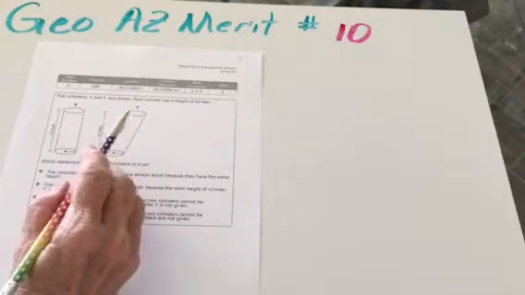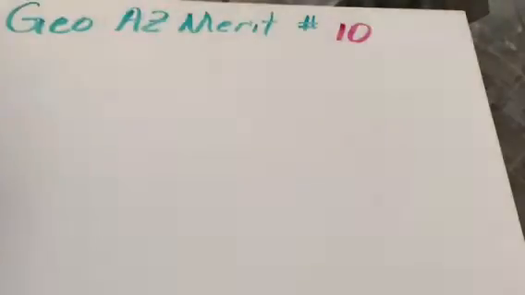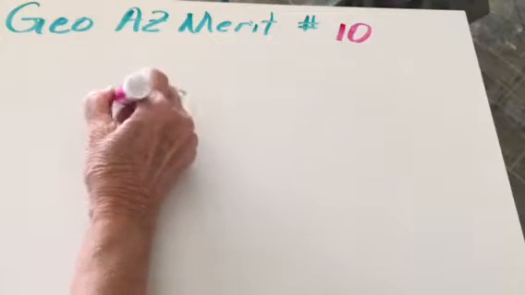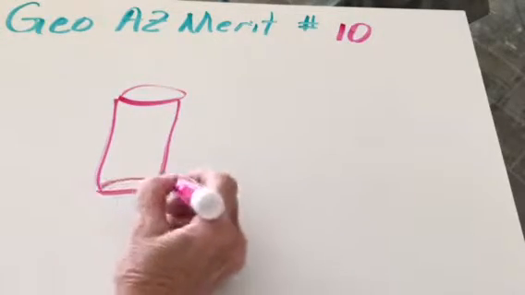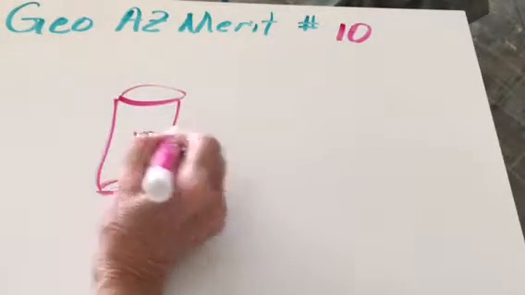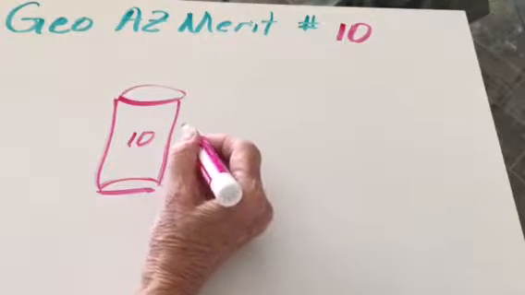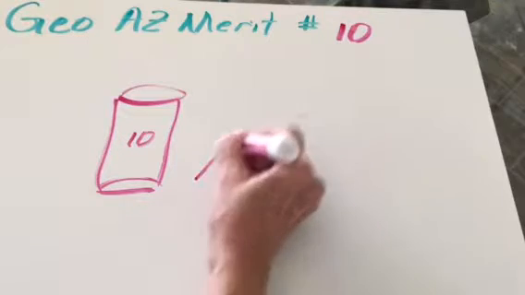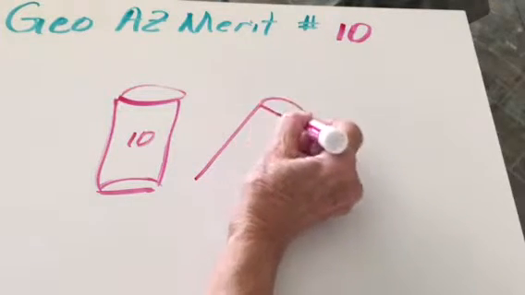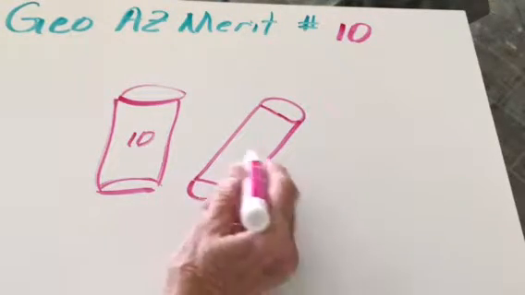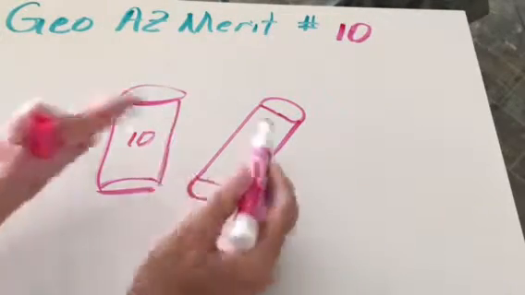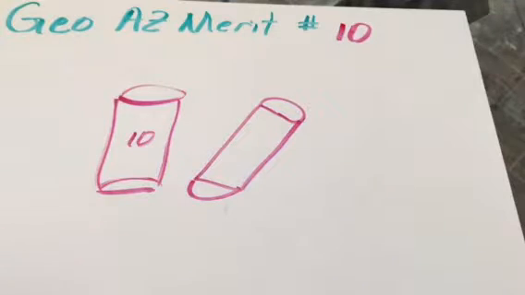The volume of two cylinders: if I have a cylinder, and let's just say that it has 10 cubic whatever measures in it, and I take that same cylinder, and of course I can't draw this, but if I turn it on its side, it's going to have the same amount.